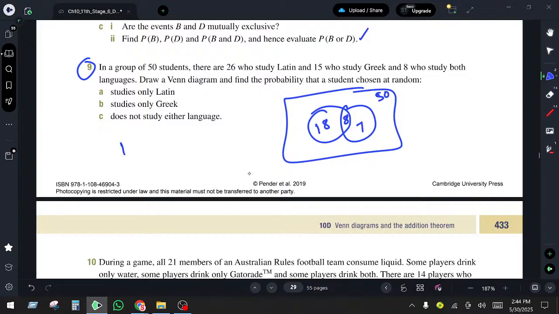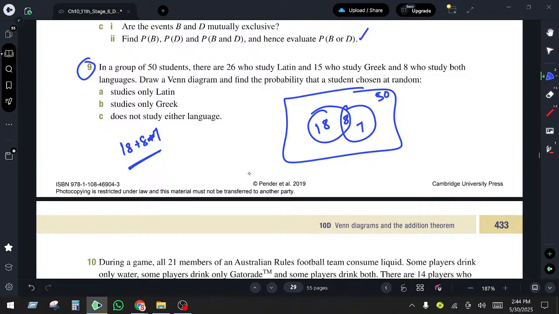So what about the total? 18 plus 8 plus 7. Both means minus 8, because in A already 8 comes, in B already 8 comes.